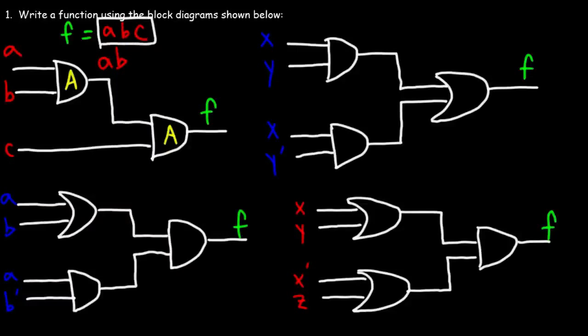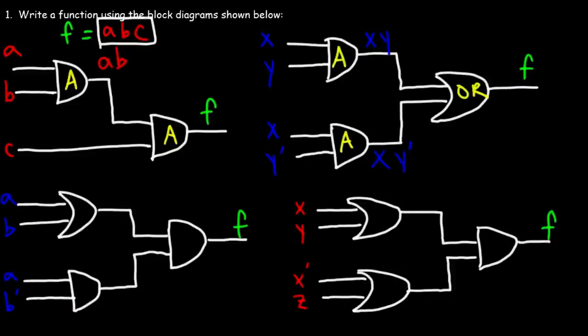Now what about the second one in the upper right corner? Feel free to pause the video if you want to try it yourself. Let's begin by identifying each logic gate in the circuit. We have two AND gates, and here we have an OR gate. The output of an AND gate is going to be the product of the inputs. So this is just going to be X times Y, and here the inputs are X and Y prime, so this is going to be X Y prime.